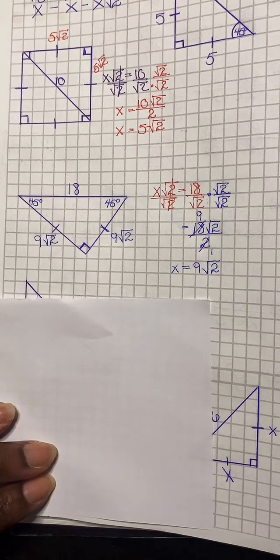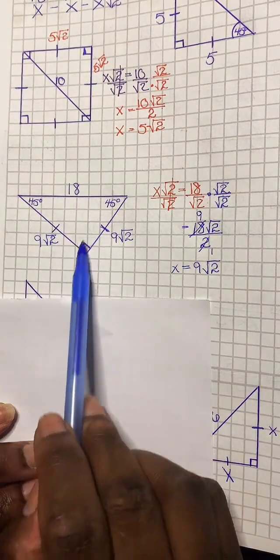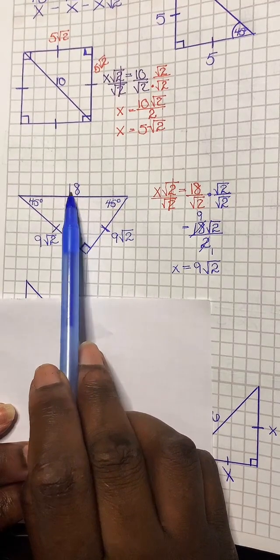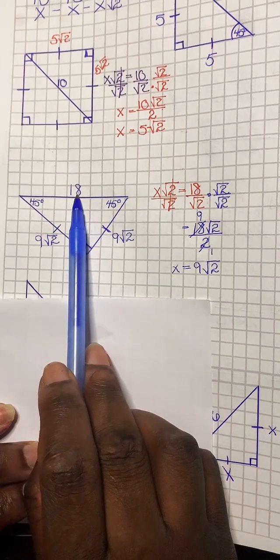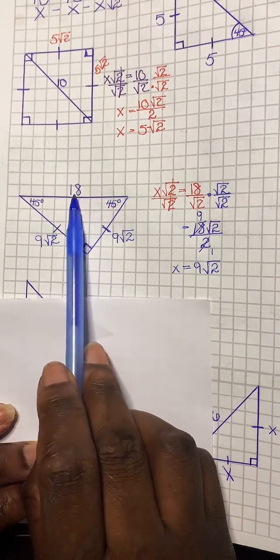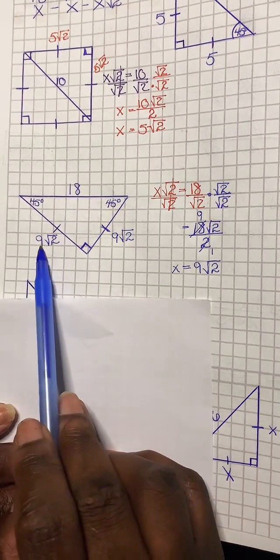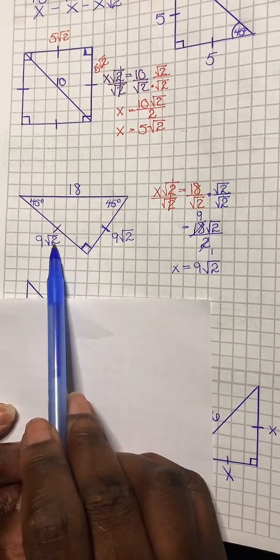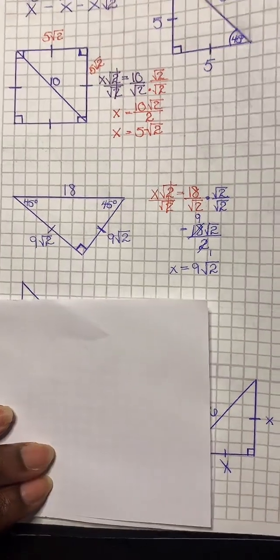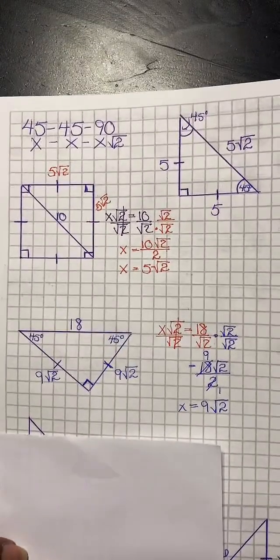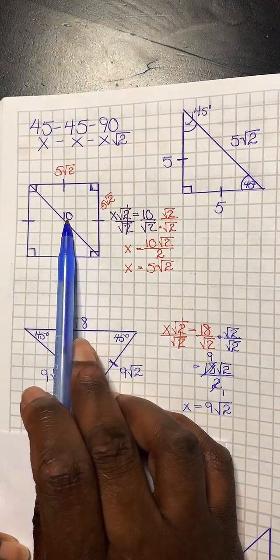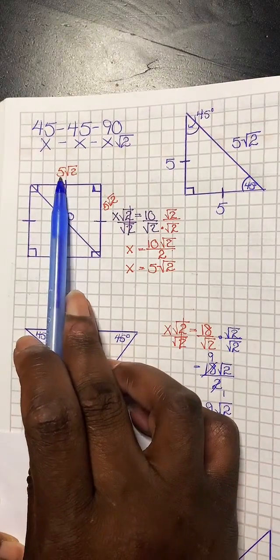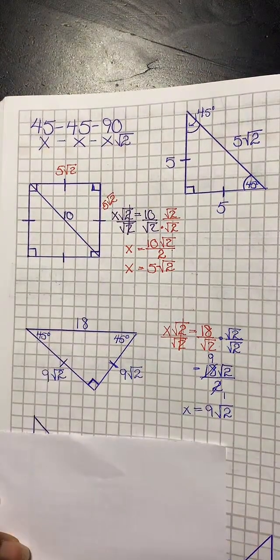Okay, good. If you are given the hypotenuse, you divide it by 2 and then multiply by the square root of 2. Divide 18 by 2, that will give you 9, and then we put on the square root of 2. Same thing happened for the previous one. We had 10. 10 divided by 2 gives us 5, and we got a square root of 2.